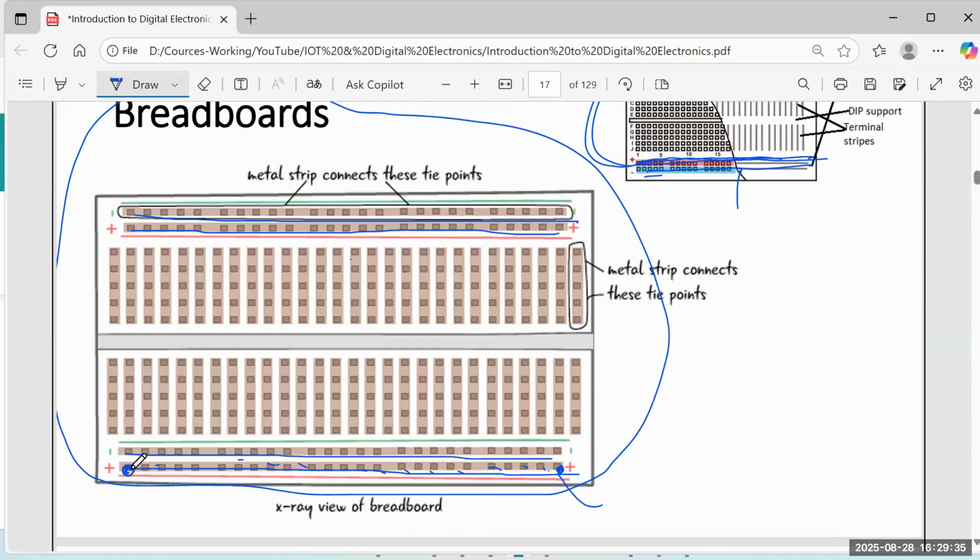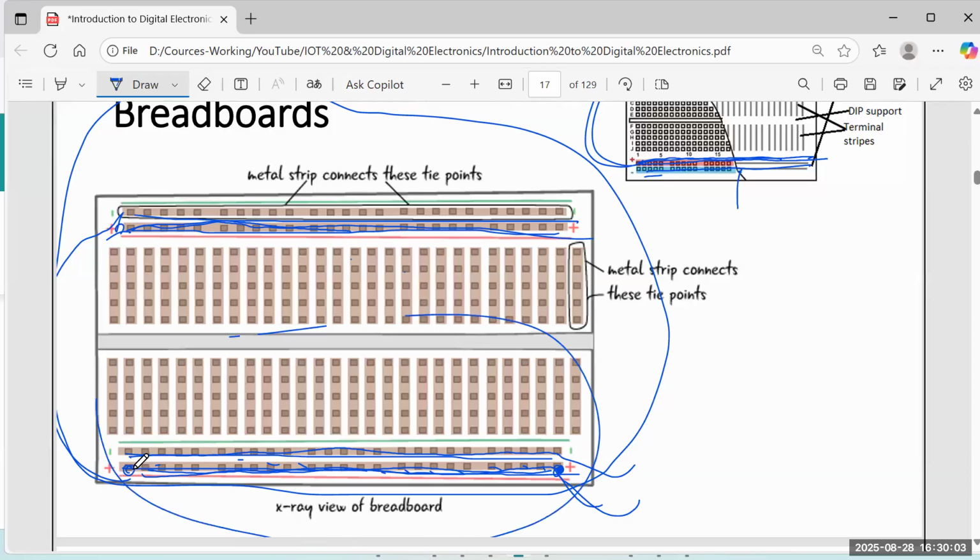And if you connect this hole with this hole, then all of these have electricity, and all of these also have electricity because these are again connected. Usually these are marked with plus and minus. So usually we give plus to this, minus to this. Then this line has the positive voltage, and this line has the negative voltage, or the ground. Then you can work with this side.